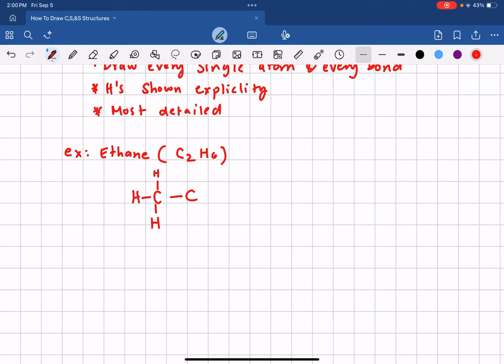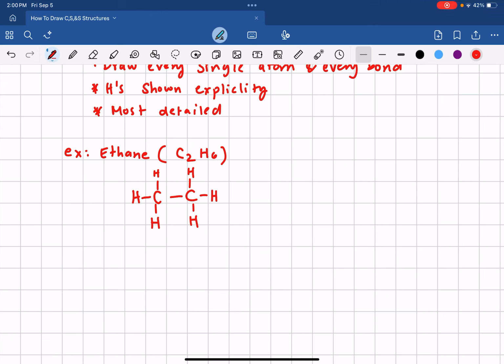So here are my 3 hydrogens. Let's make sure and count if this carbon 1 has a complete octet. 1, 2, 3, 4, 5, 6, 7, 8. Perfect. Now let's do the same for this carbon and attach 3 additional hydrogens.